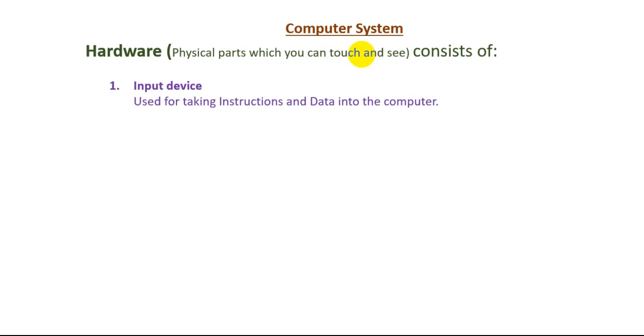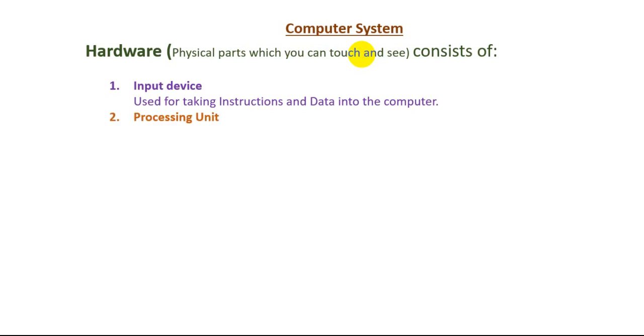For example, the keyboard, or the mouse, or maybe a scanner, or any type of device that is used to send information into the computer. When I say information, it will generally be instructions and data. These are the places through which you send, which is the input device.